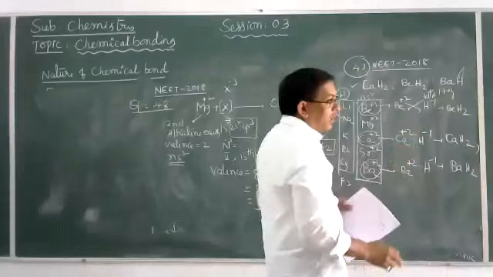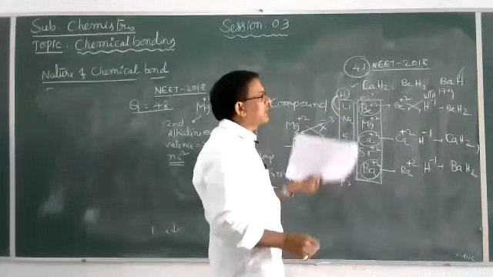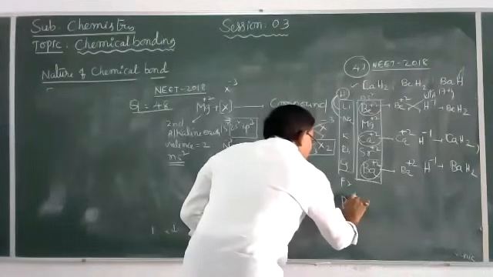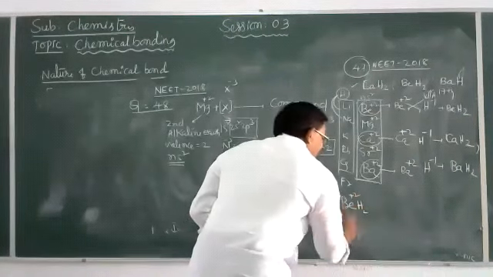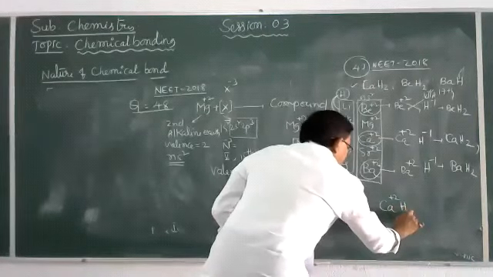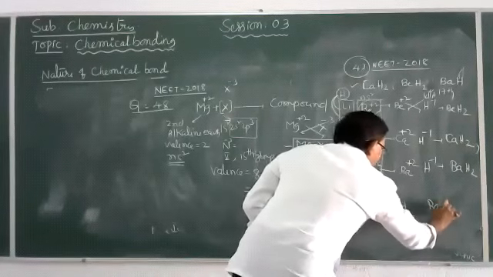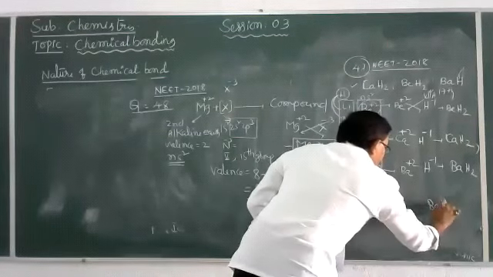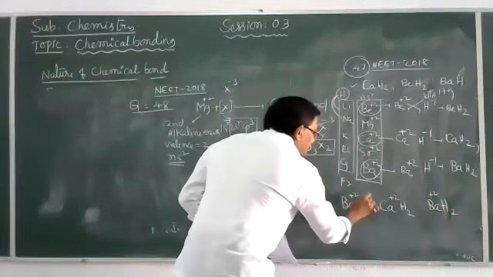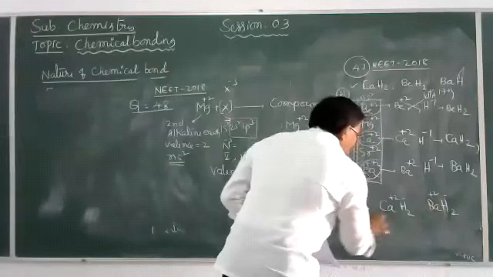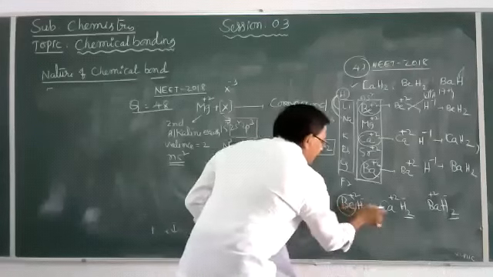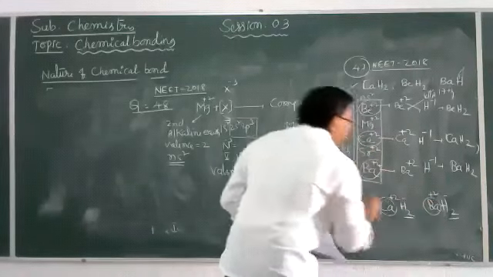Here for the given compounds the anion is the same, hydrogen, but the cation differs: beryllium, calcium and barium.